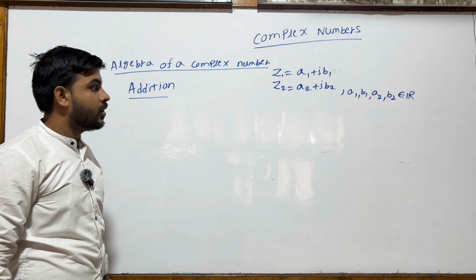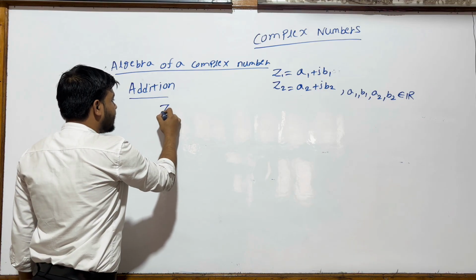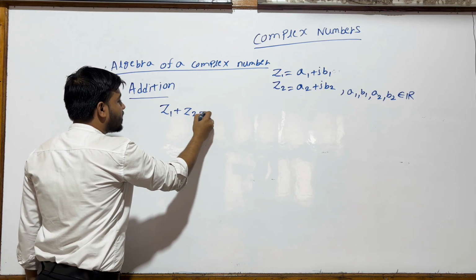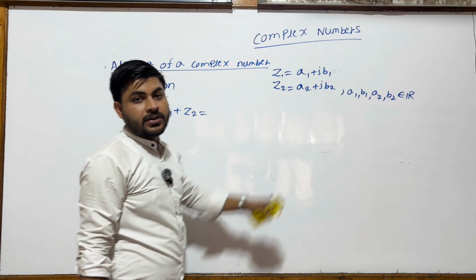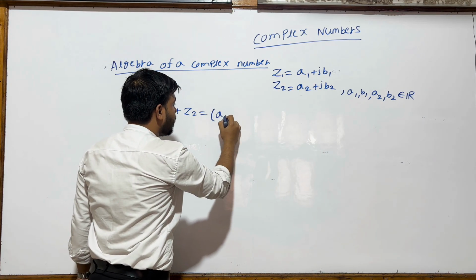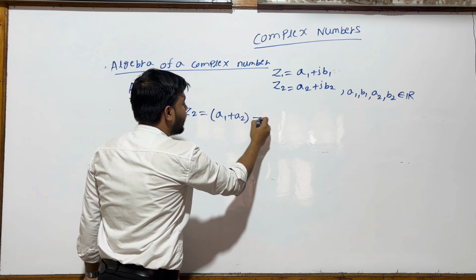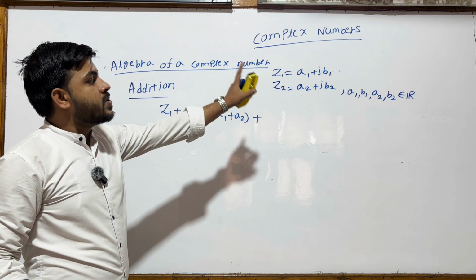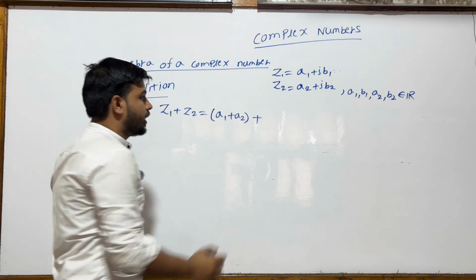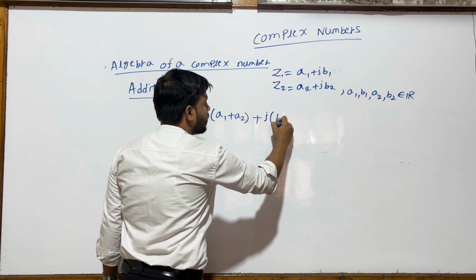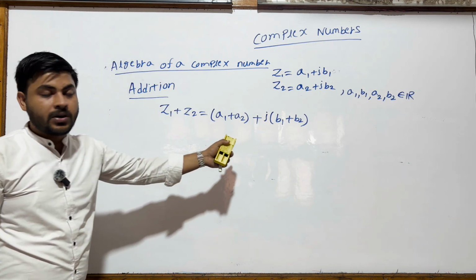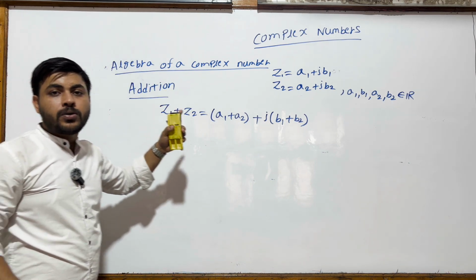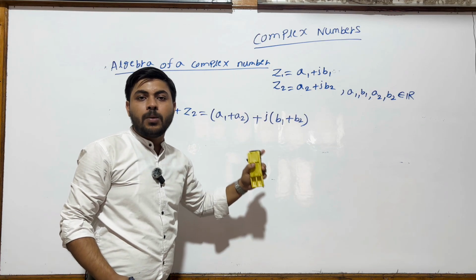So what is z1 plus z2, the addition of two complex numbers? We need to add the real parts, that is a1 plus a2, and we need to add the imaginary parts, with i taken common, so b1 plus b2. It is also in the form a plus ib. So the addition of two complex numbers is also a complex number.